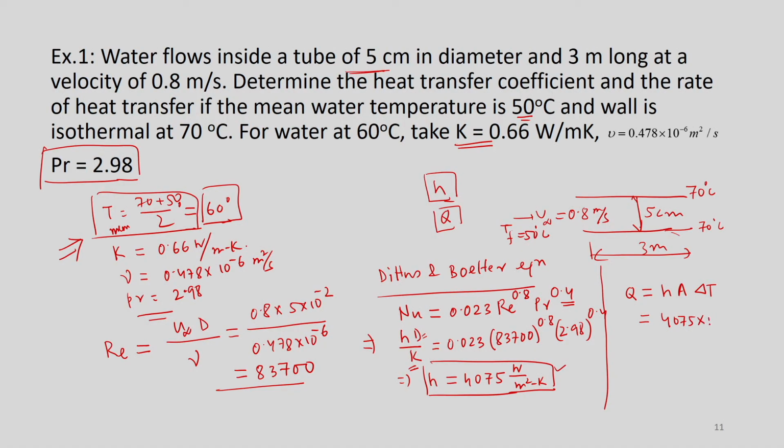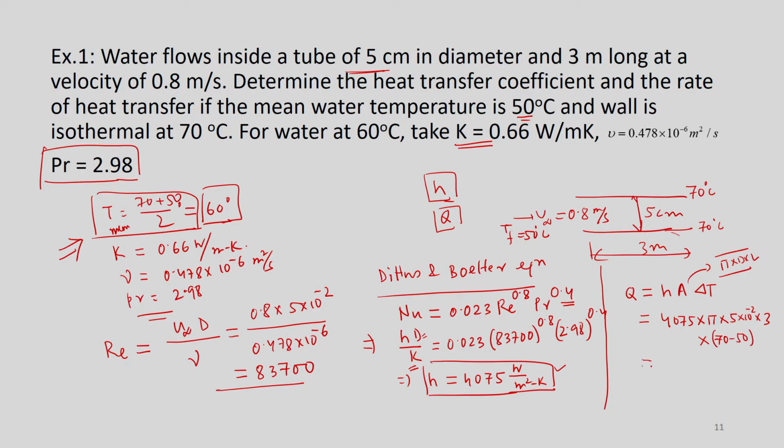The area is pi into D into L. The diameter we know, 5 into 10 to the power of minus 2, and L is 3. Then delta T is how much? It is 70 minus 50, which is 20.